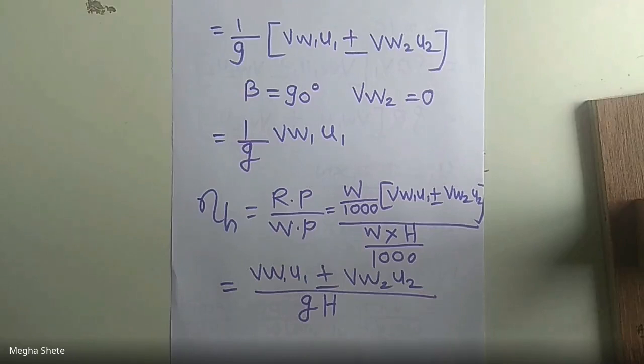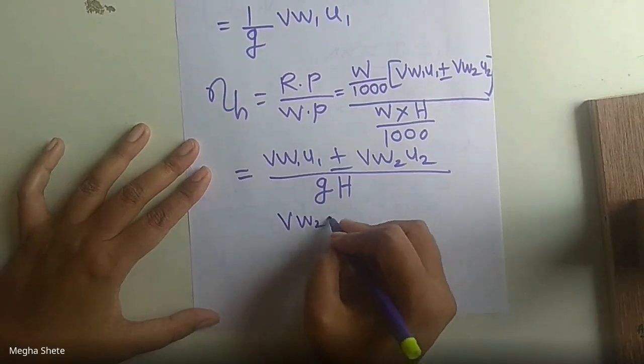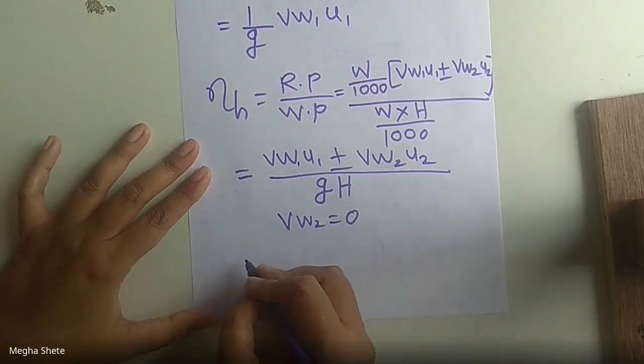If the discharge is radial at the outlet, what does it mean? When the beta angle is equal to 0, at that time VW2 will become 0.